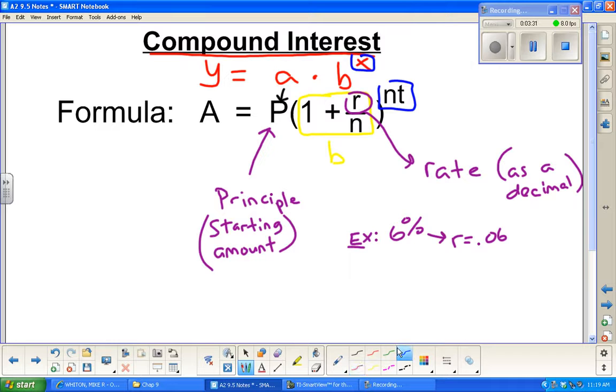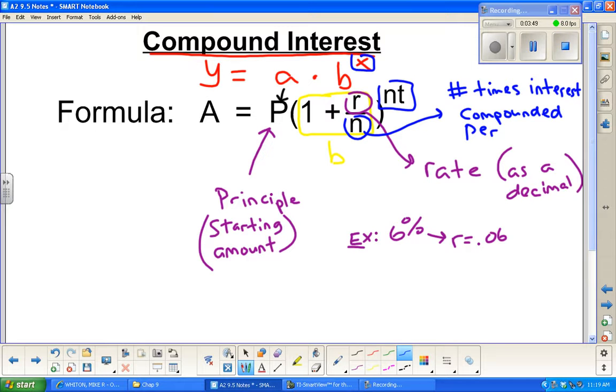n, the next variable in there, is going to be the number of times compounded. The number of times interest is compounded or calculated per year, let's say. That would be, for instance, if they say interest is compounded monthly.